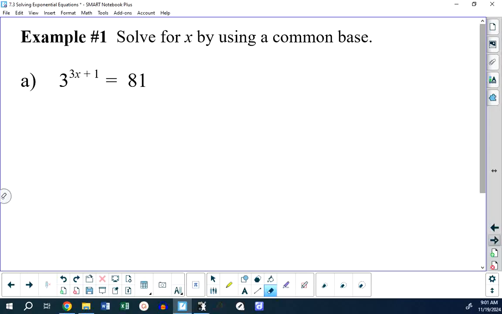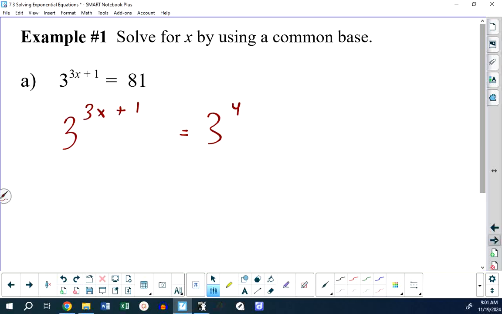So can you figure out for me in your head or on your calculator, and I hope it's in your head, what exponent we raise a base of 3 to get it to be equal to 81? 4, right? 3 times 3 is 9, 3 times 3 is 9, 9 times 9 is 81. So we can write this as 3 to the 3x plus 1 is equal to 3 to the 4.